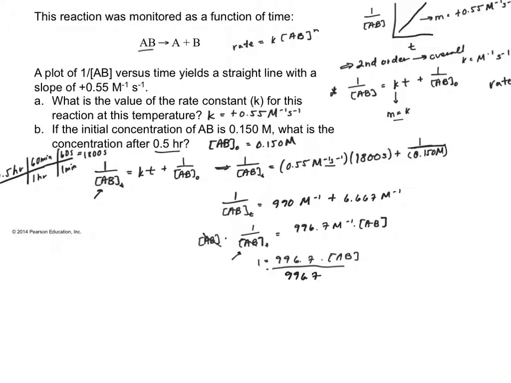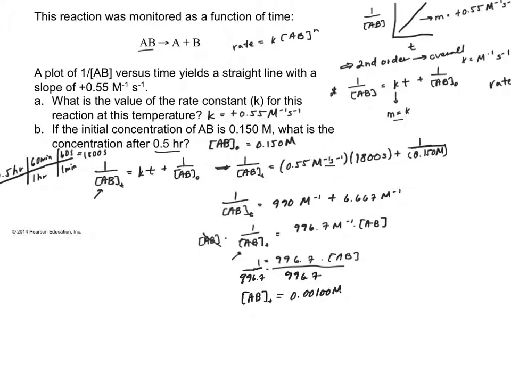Okay, it's nice and sloppy. Divide by 996.7, right? And so AB at half of an hour ends up being equal to 0.00100 molar.